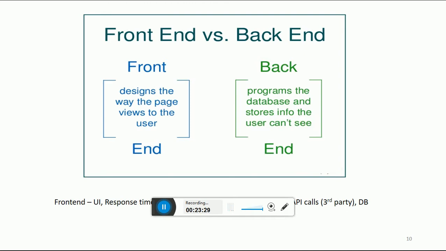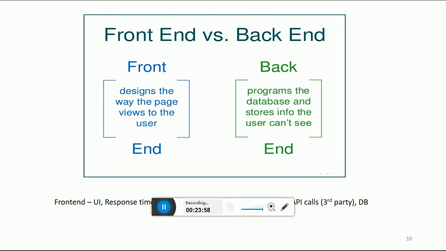Front end means, normally, what you see in the user interface from the front side of the application. Back end means, if the application has a content management system, you can say that is also a backend. Also, there is a database behind it.